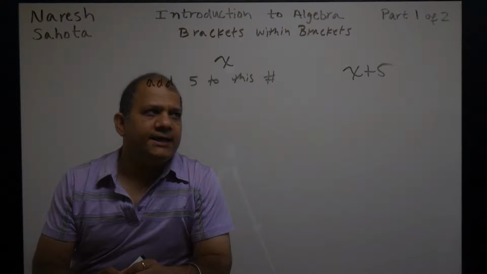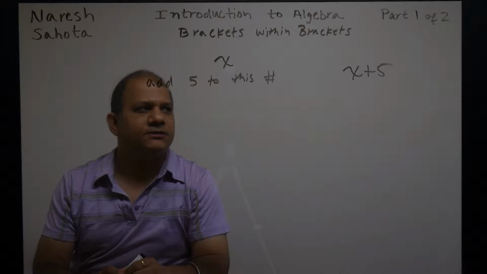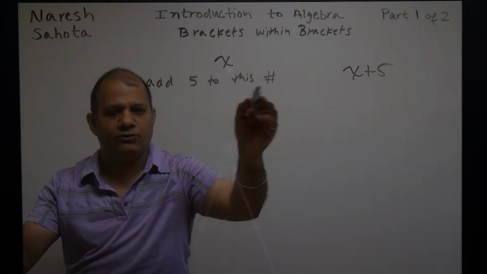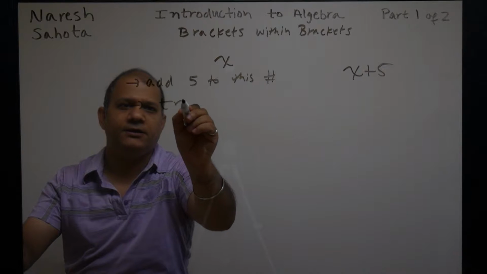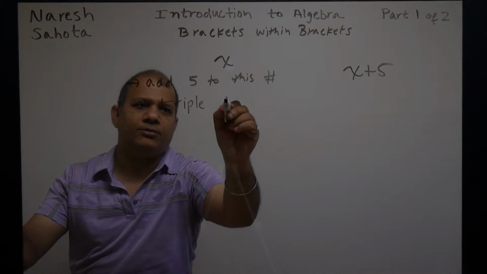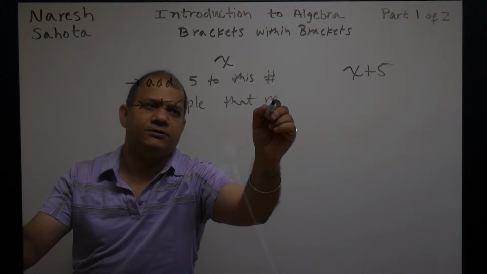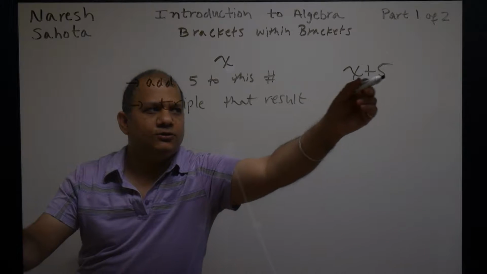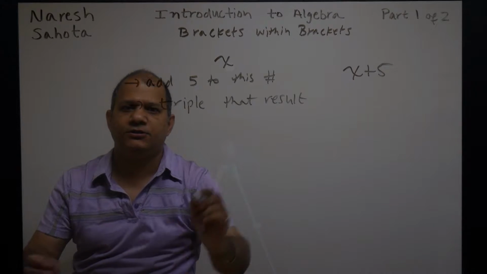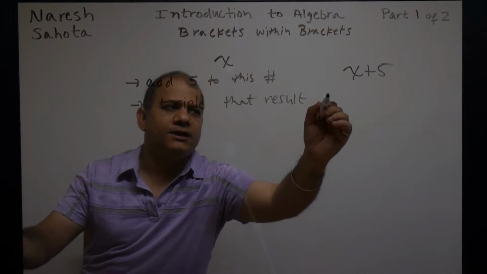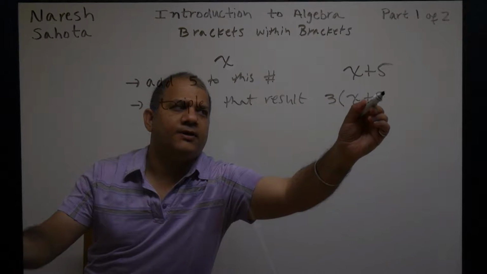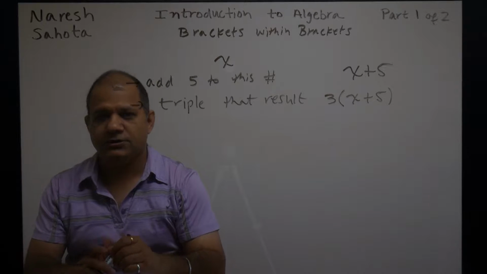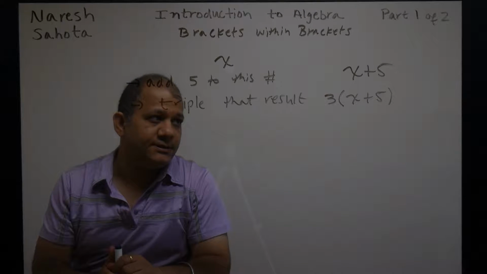Now if I say, let's triple this. That was the first thing we did, and now we're saying triple that result. So triple this expression. How do we triple this? We will say 3 times x plus 5. So that's how that expression is.